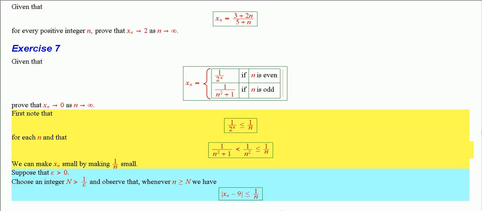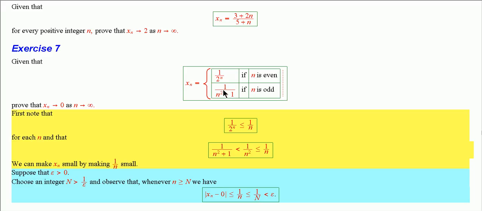It's what we saw, regardless of which formula you're using, and 1 over n is going to be less than or equal to 1 over the big N, because I'm using n greater than or equal to big N, and 1 over big N, with the way in which I chose big N, makes 1 over big N less than epsilon, and there we have it. Okay, folks? So even though we've got two different formulas, both are small.